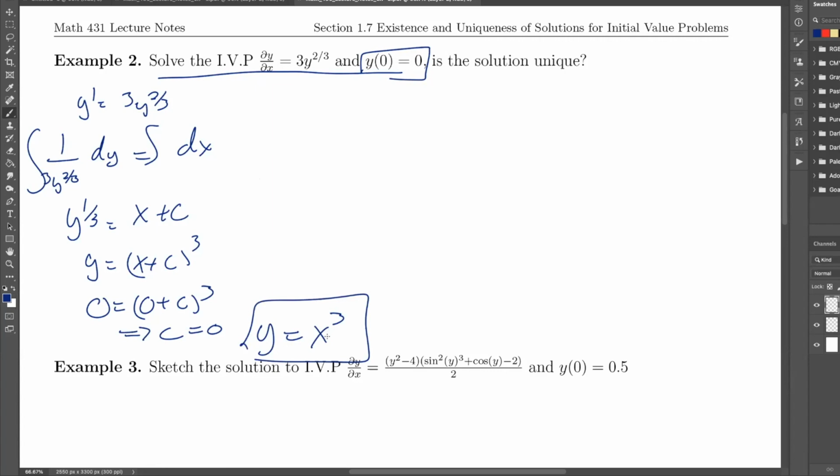And here, if I take its derivative, is that what I get? Sure, right? 2/3 of this would be x squared, times 3. And so you can just easily plug this in and get that. But is this the only solution? Is this the only solution here?